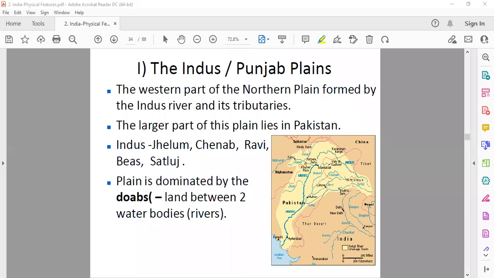The Indus Punjab plains, the western part of the northern plain, formed by the Indus river and its tributaries. The larger part of these plains lies in Pakistan. Indus, Jhelum, Chenab, Ravi, Beas, Satluj. The plain is dominated by the Doabs, land between two water bodies, rivers.